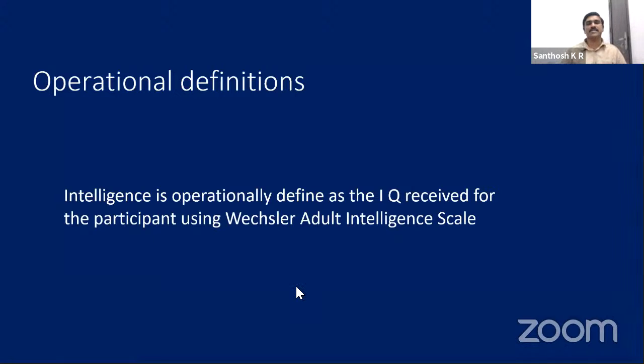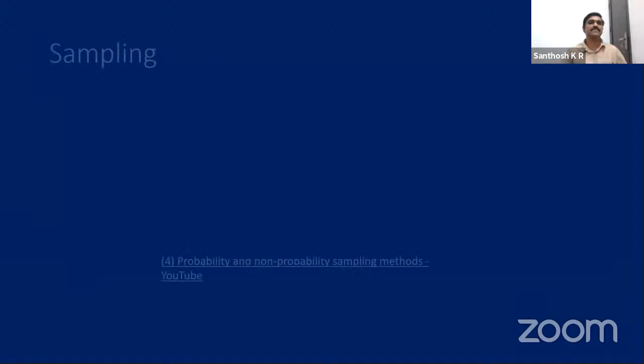So this becomes the operational definition in the case of intelligence. I need only say like this when I write an operational definition. But if there is no scale, and I am using certain dimensions, I have to tell about each and every dimension when I consider those dimensions to quantify or exactly measure certain constructs. So this is operational definition.